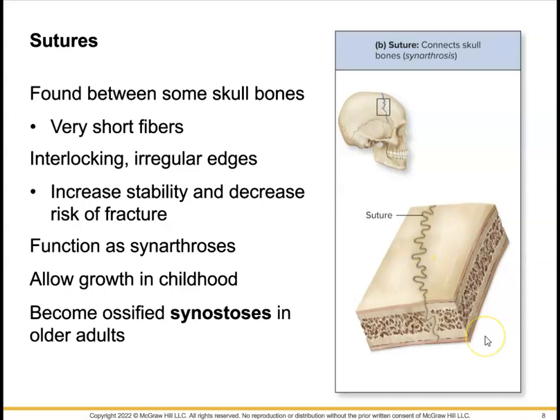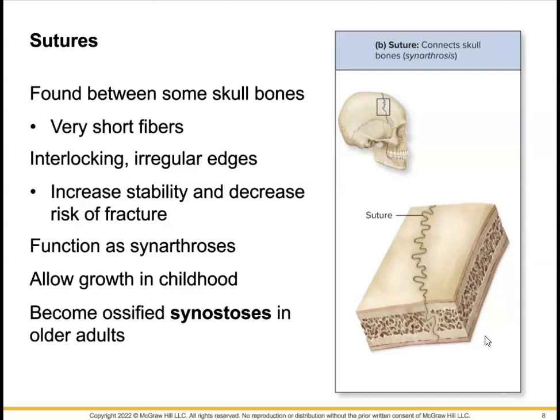Okay, so we increase stability because there's no movement between these bones once they are fully ossified. Now, with that increase in stability, of course, that decreases mobility, but you don't want the bones that surround your brain to be moving, so good thing these are made that way, right?